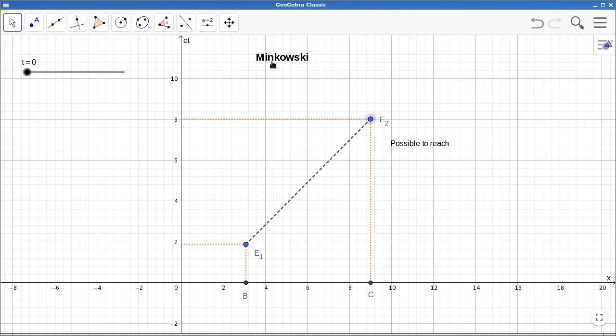That is the event E2's Minkowski coordinates. And of course these 8 and 9 are in light seconds. Remember, we did it in class that the axes of this Minkowski spacetime are usually taken in light seconds, otherwise they will be incomparable, since we are talking about relativistic speeds.